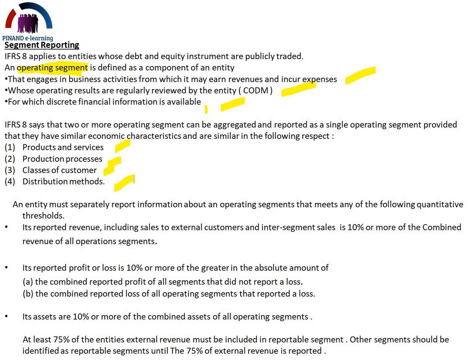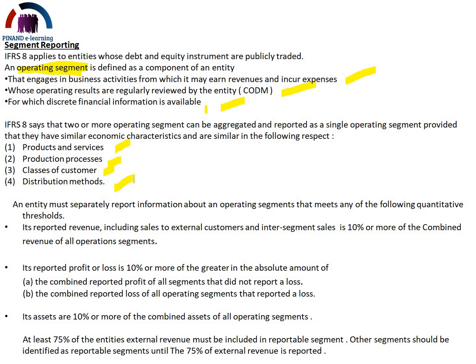It means you can aggregate 2 or more operating segments into a single operating segment if the customers are the same, the products and services are the same, and the distribution methods are the same, then of course you can aggregate them together.